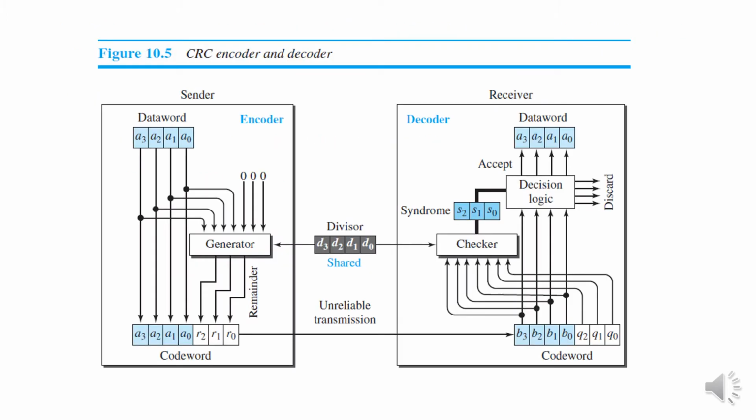In the diagram we can observe the CRC encoder and decoder blocks. The encoder block is nothing but the sender block, and the receiver block is nothing but the decoder block.